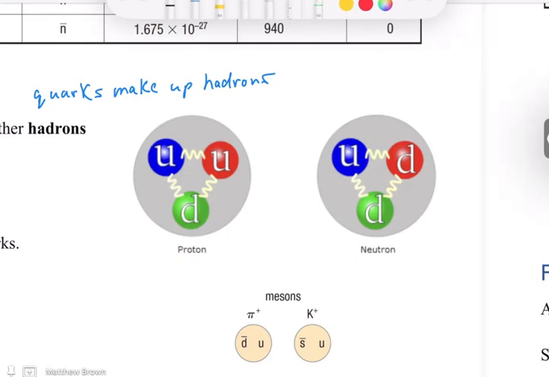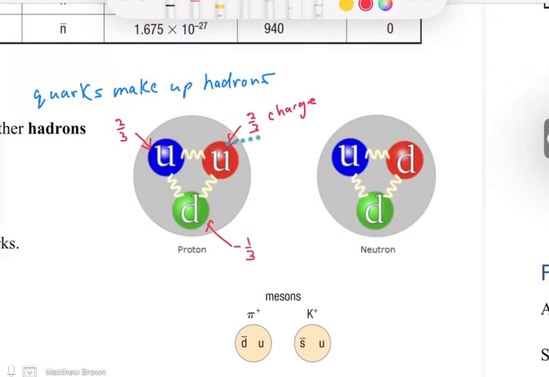What that means is the charge on these things, right? An up quark has a charge of 2/3, and a down quark has an electric charge of -1/3.